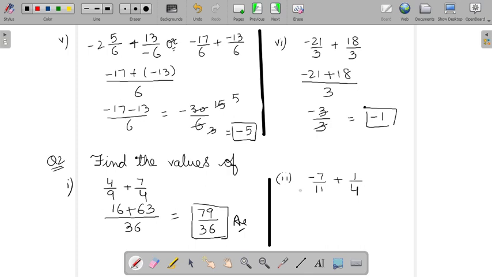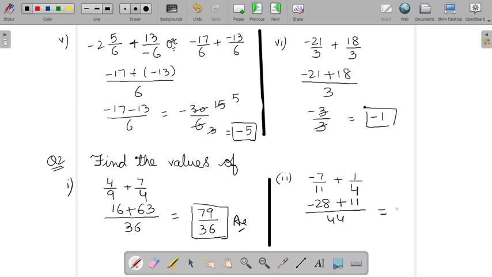In the second part, the LCM would be 44, नीचे से divide 4, multiply with minus 7, so it would be minus 28, plus 44 divided by 4, 11, multiply with 1, so it would be 11 itself.